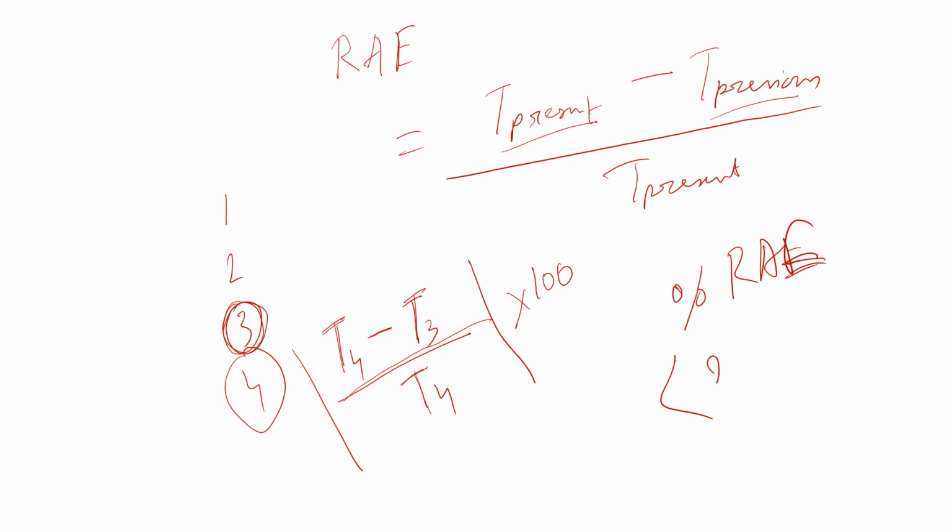And when this error is less than 20%, you stop the iteration. Or if you want, you can go for a more accurate difference, so let us say less than 5% or even less than 1%. The more you go for accuracy, the more iterations will be required, more computational energy will be lost, and it will also cost more because you have to run the iterations in a computational framework.